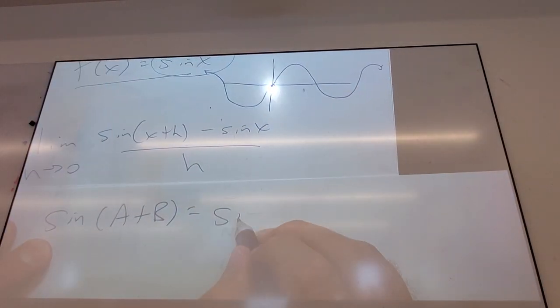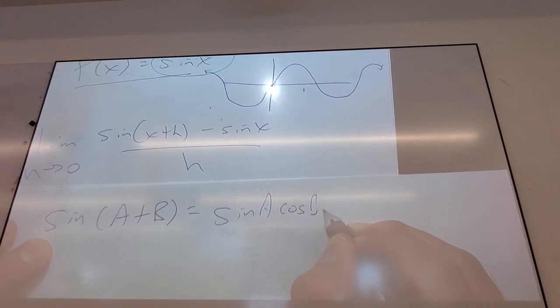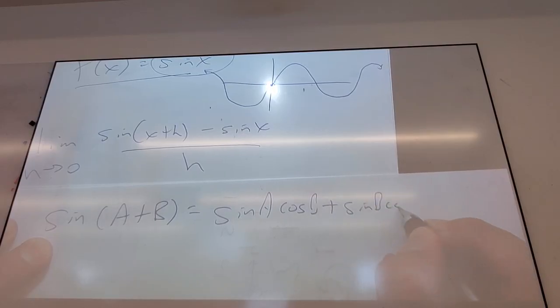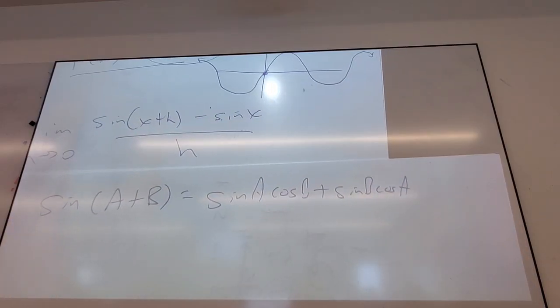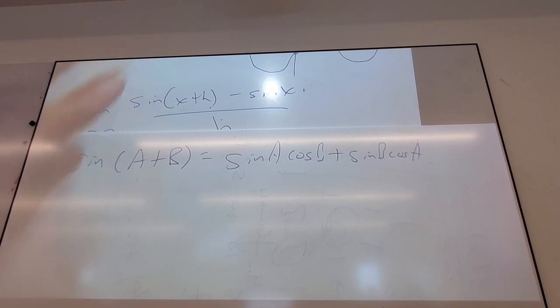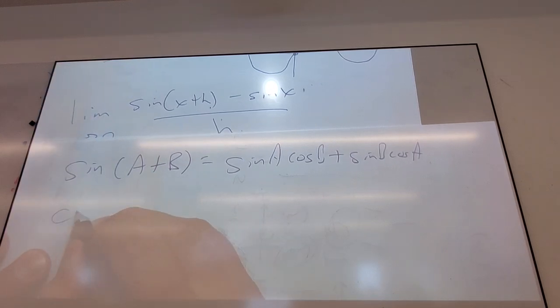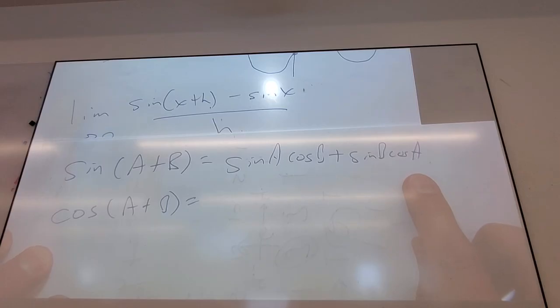This is sine A cosine B plus sine B cosine A. Does that sound at all familiar? A little bit? Okay. Real quick, cosine of A plus B. Does anyone remember that now that that's sort of dredging up some old trig stuff?